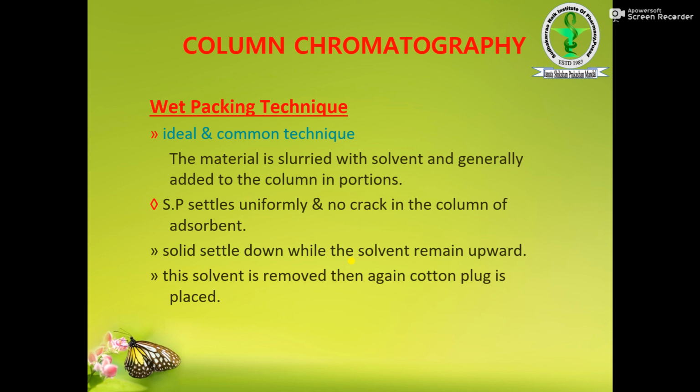In the case of the wet packing technique, the material is made into a slurry with the solvent and generally added to the column in portions. So we have to prepare a slurry with the solvent and add it to the column in portions. The stationary phase settles uniformly and there are no cracks in the column adsorbent. Then the solids settle down while the solvent remains upward.